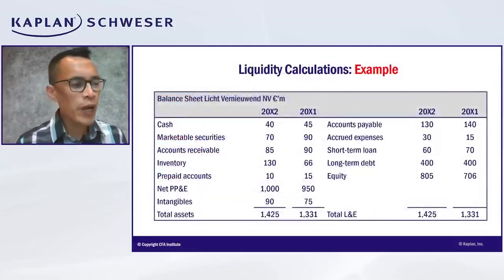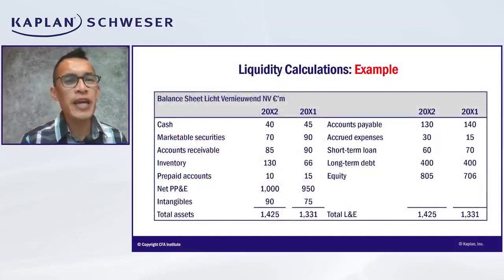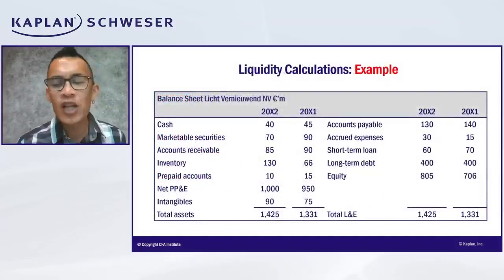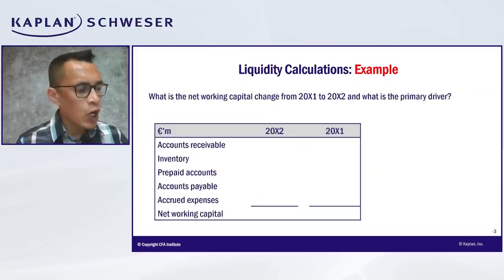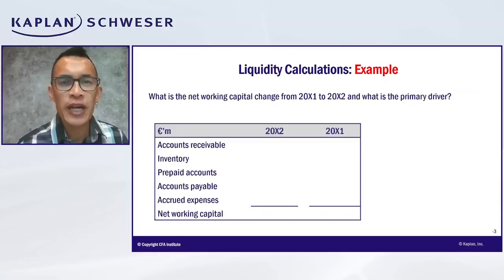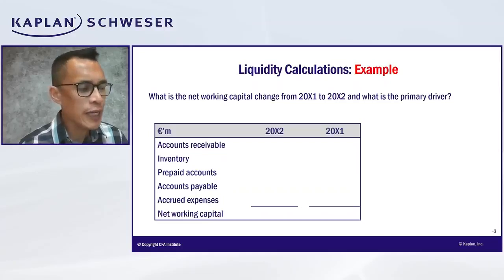Let's look at this comparative balance sheet to use in our subsequent liquidity calculations and interpretation. So we're going to start off with the net working capital calculation for each of the years, and then we'll do the interpretation.